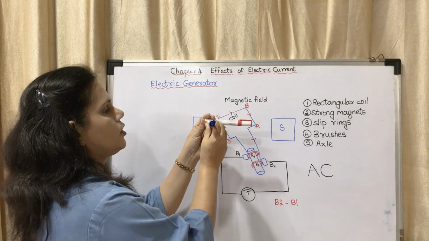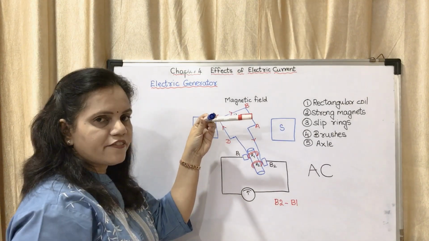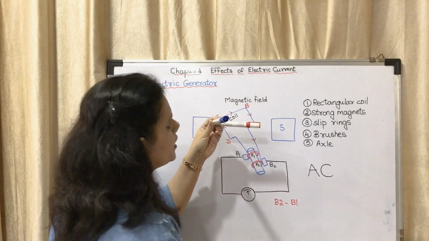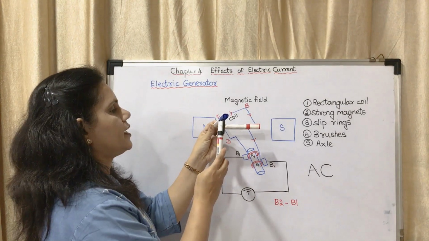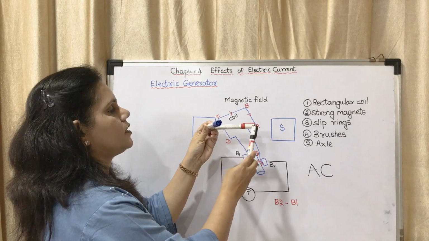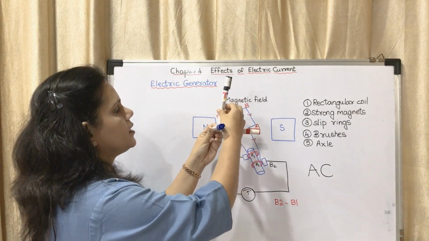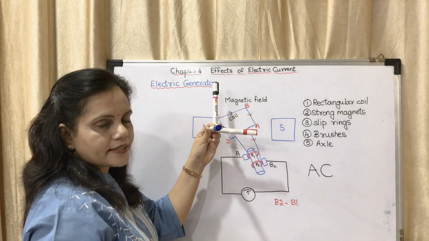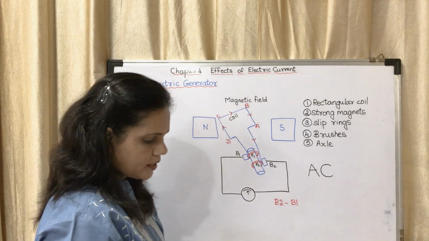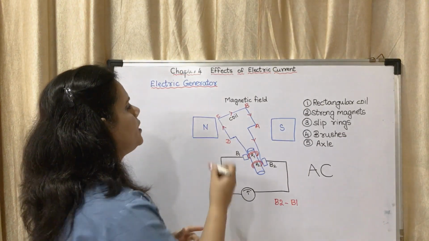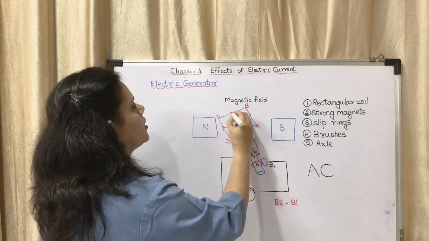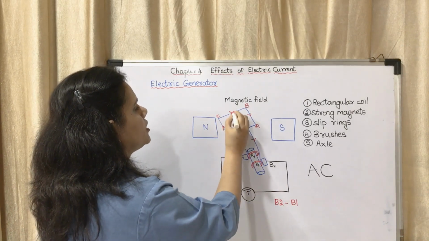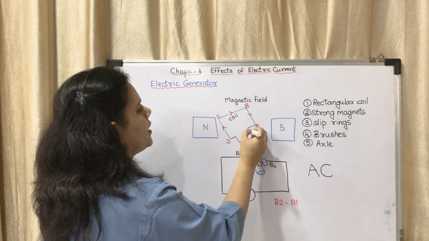This is the direction of magnetic field. Magnetic field is not changing. If this is the movement of conductor and this is the magnetic field, this will be the direction of electric current. That means the current will move in this direction. The current will move from D to C, C to B, B to A.